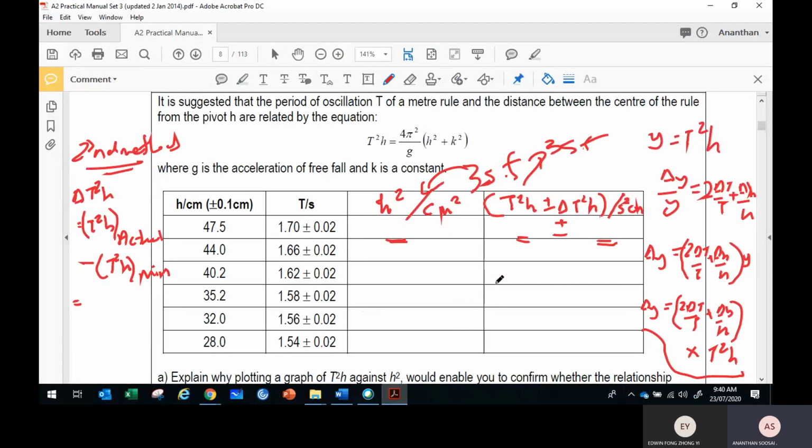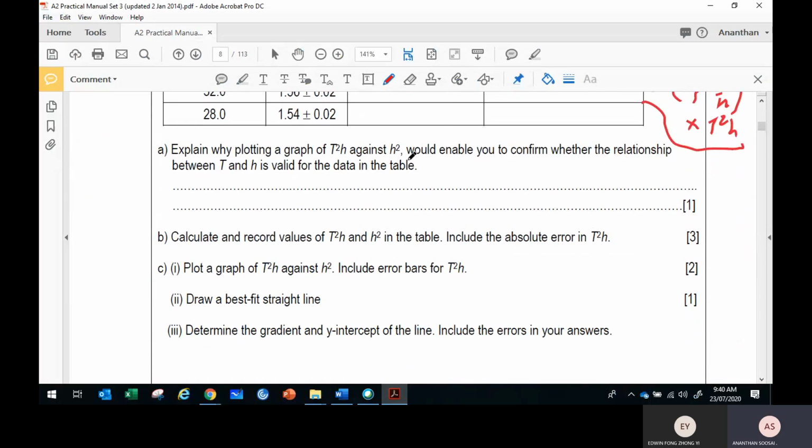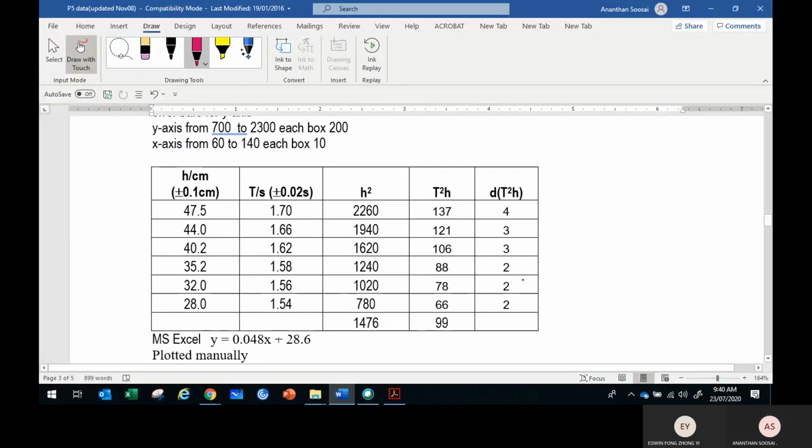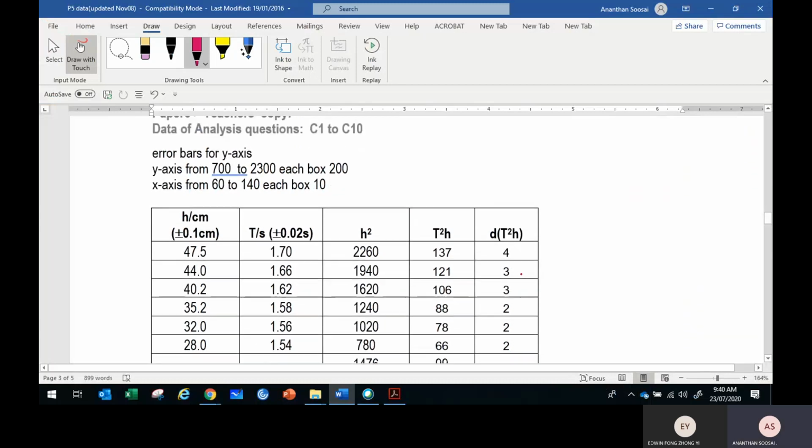Sorry, the question was t squared h versus h squared. Oh, mistake. This is for your x, this is for your y. So t squared h should be your y. Y is 60 to 140. Yes, makes sense.